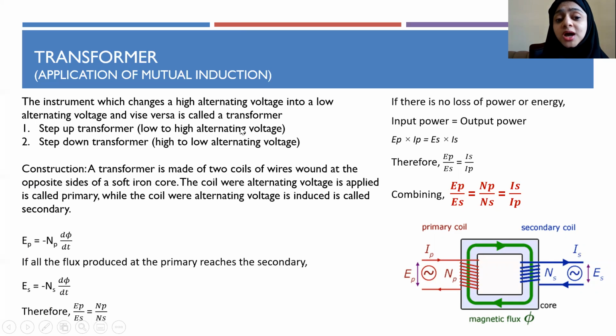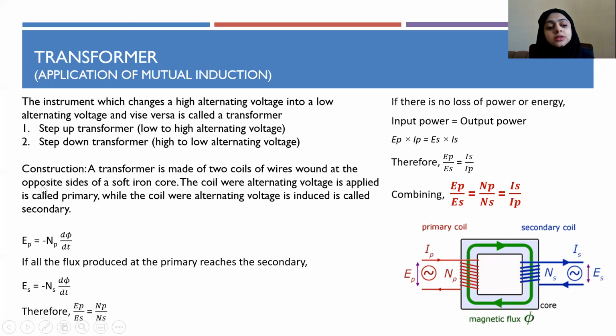We will see why I have to specify here alternating voltage later in the same lesson. So step-up transformer is a transformer that can change a low voltage into a high voltage, and it should be alternating voltage. Now, step-down transformer is a device that can convert a high voltage into a low voltage.